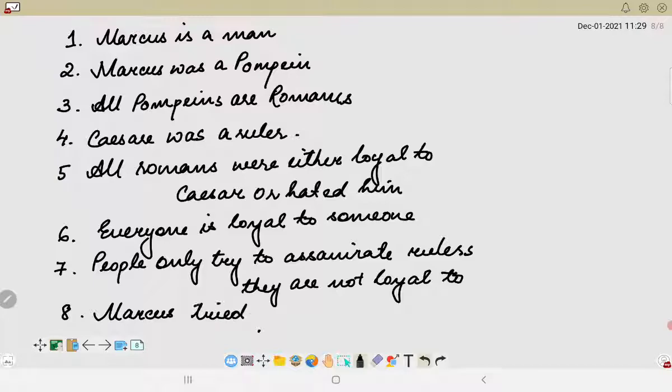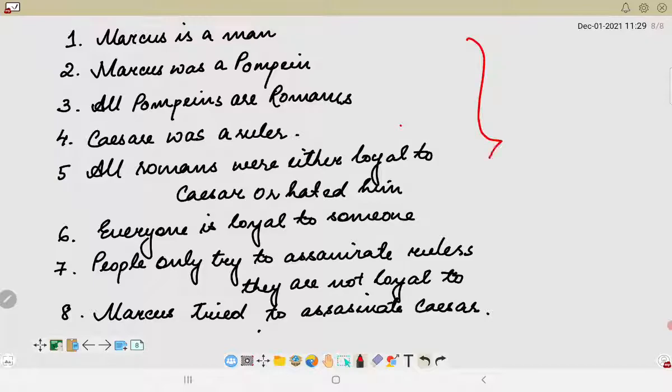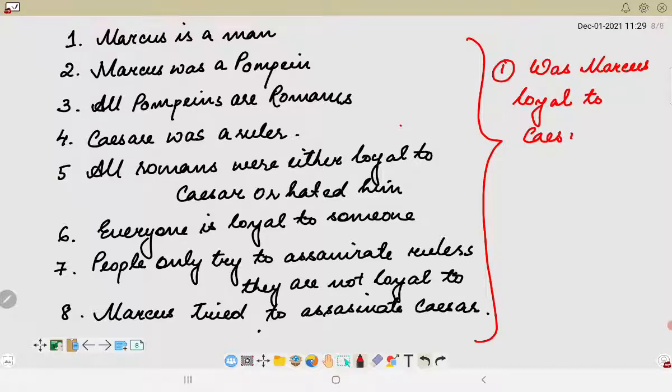Okay, so these are the 8 sentences which are there, and using these 8 sentences we have to find out whether we get an answer to one possible question, which is, was Marcus loyal to Caesar?